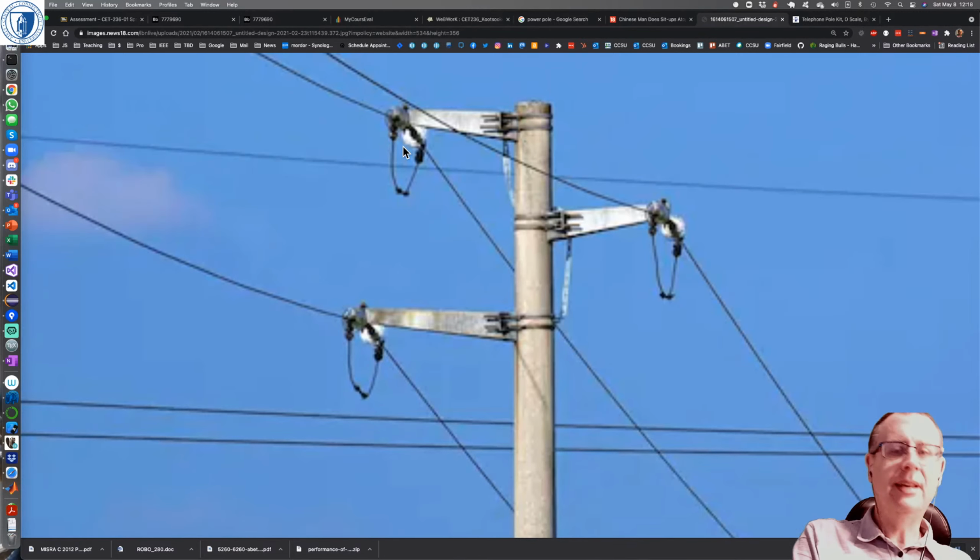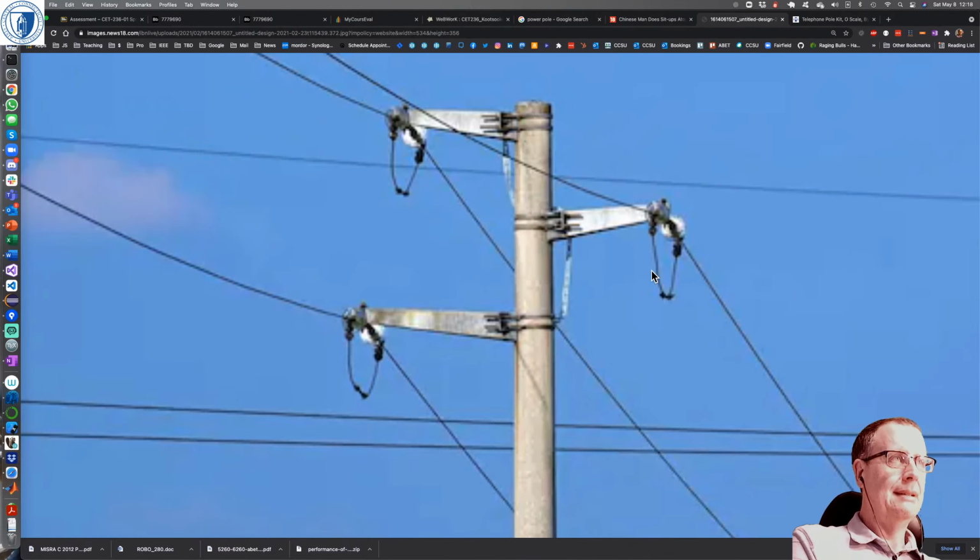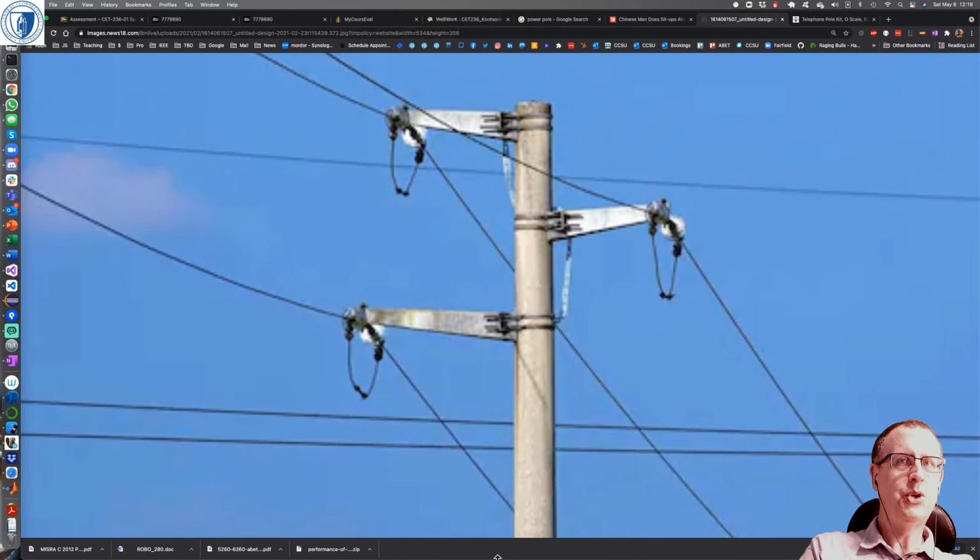So what these things here are, they are insulators. They insulate the pole from the wire so that you don't get the power on the wire shorting down to earth.